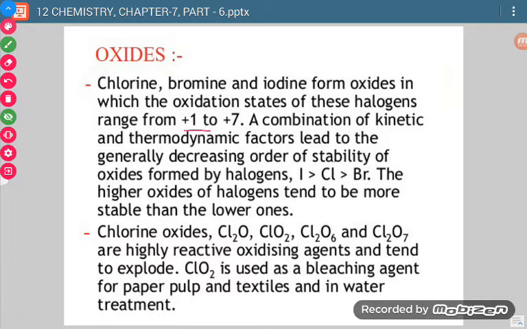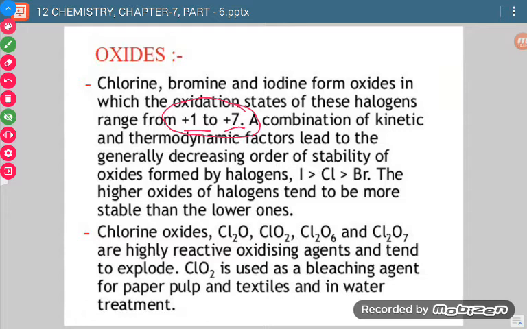Just now we discussed how this can happen because of the availability of vacant d orbitals. Because of that, electrons jump to higher orbitals and then they form different oxidation states, ranging from +1 to +7.